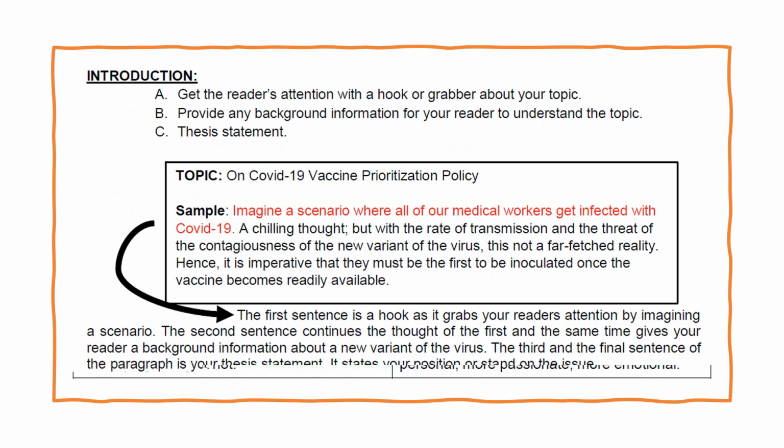Concerning this, we must remember, what are we doing in the introductory paragraph here? Get the reader's attention with a hook or grabber about your topic, which is, yan na po. Excuse me, naka-highlight mo na ito ng pula. Second, provide any background information for your reader to understand the topic.